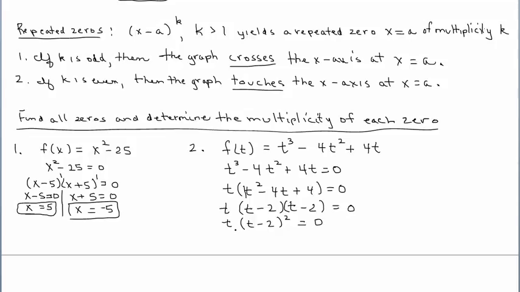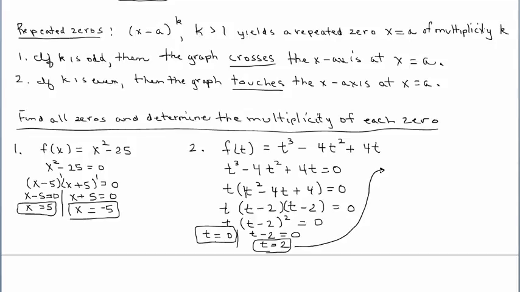So my zeros, my two zeros, would be t equals 0 here. And for this one right here, I only have to write it down once since it occurs twice. My zeros are 0 and 2, but it wants me to determine the multiplicity.